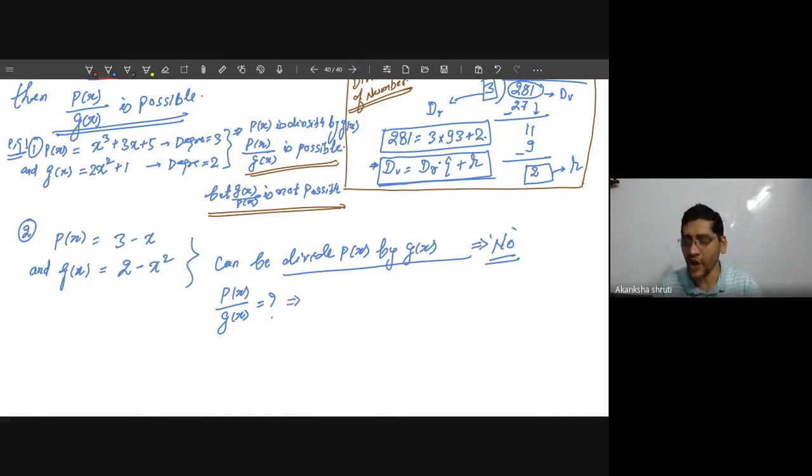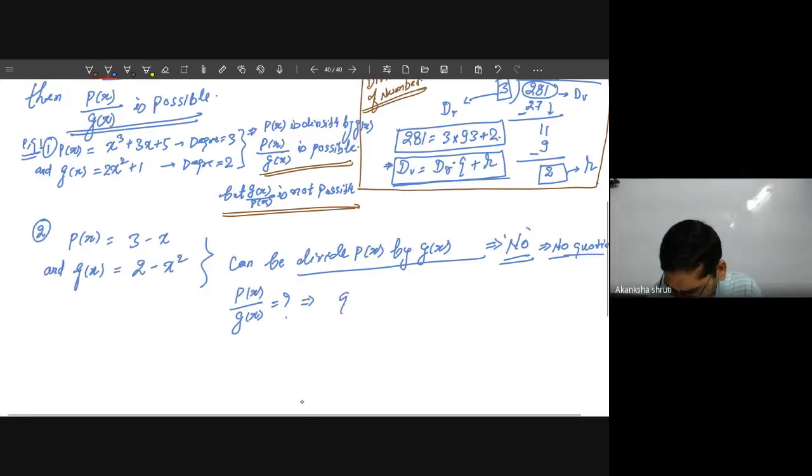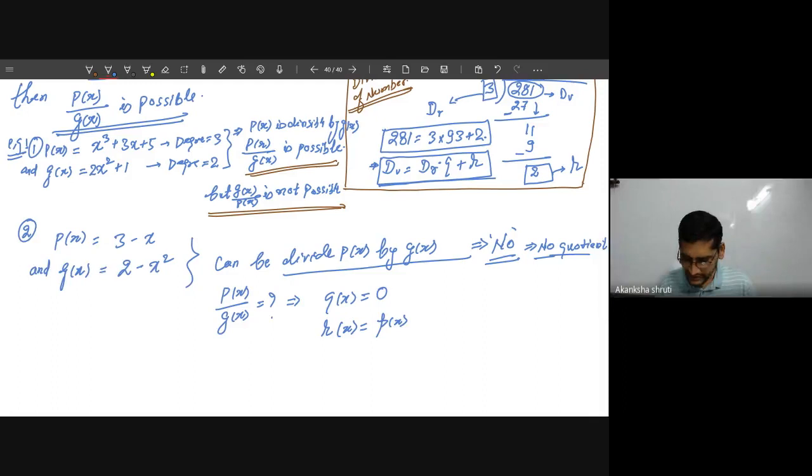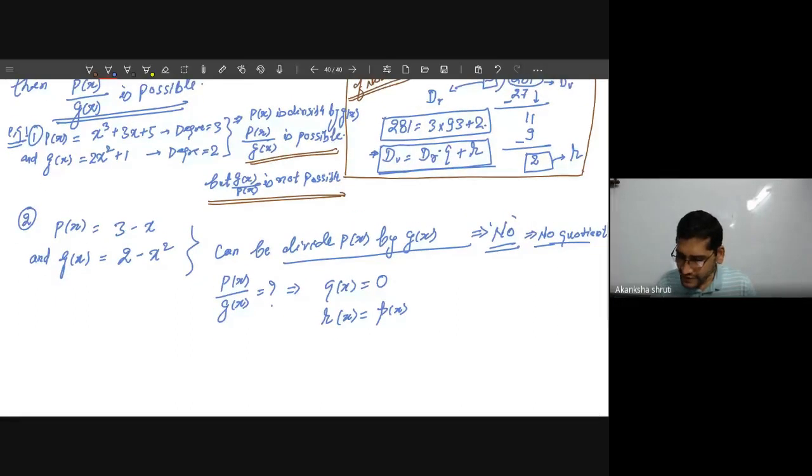Means division is not possible, means no quotient. No quotient is possible. Means the quotient qx value will be 0. If I am going to calculate the remainder in this case, the remainder will be same as px, 3 minus x. Yes, students, very easy to understand.